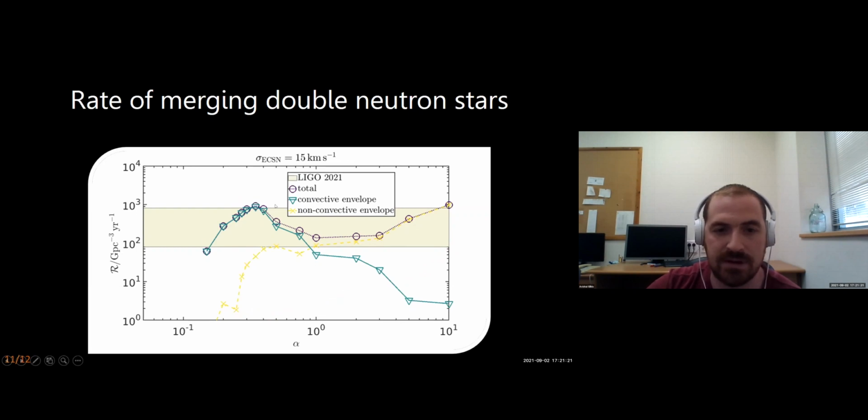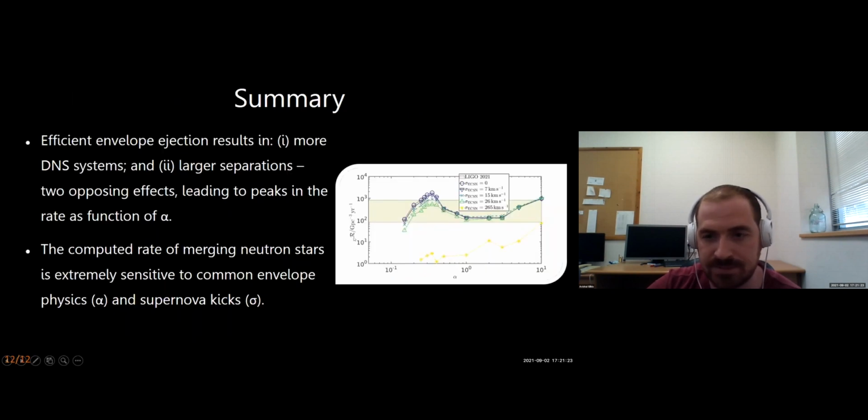And the bottom line is that we have a very large range in the computed rate, depending on the envelope ejection efficiency and the kick velocity as well, because higher kicks will disrupt more systems.